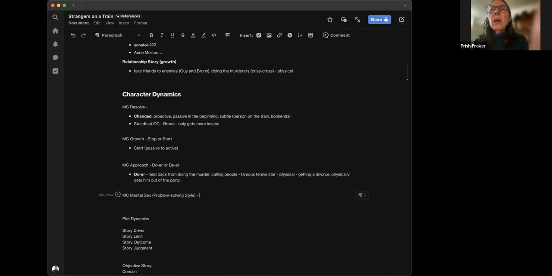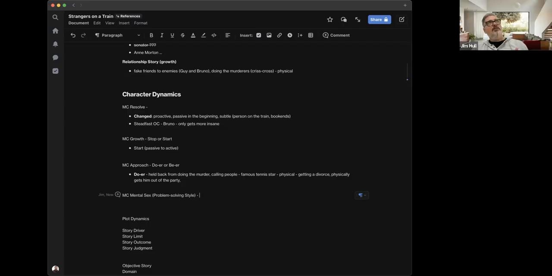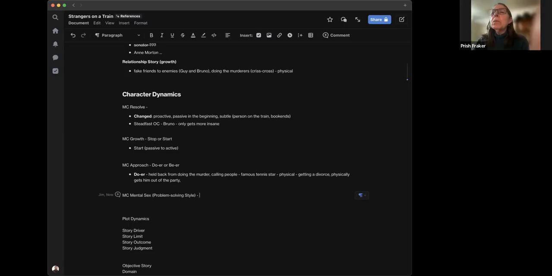I have a question. Sure. I always saw him going and giving the gun back to the guy as more of a beer thing than a doer thing. You know, physically giving a gun to somebody rather than giving it to the police, when the guy committed a murder with it.